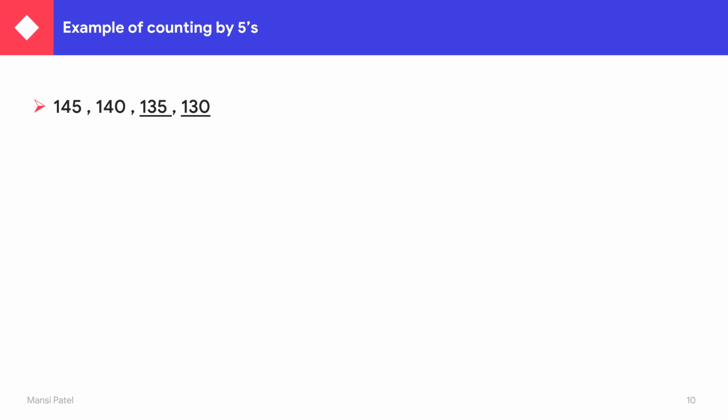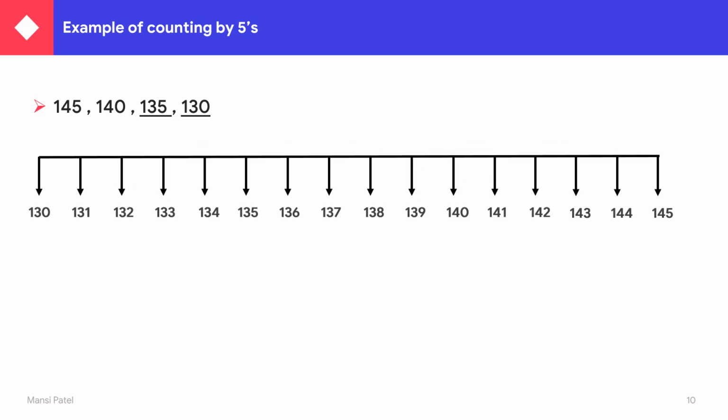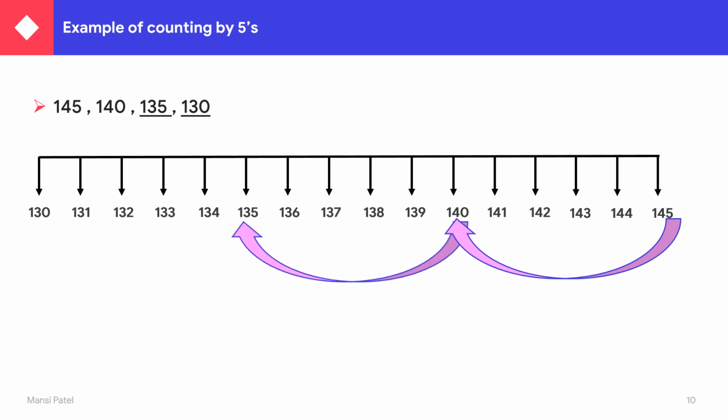So your third number is 135, and then 135 minus 5 is equal to 130. Let us see with the help of a number line; we have to skip backward. So we move backward from 145 to 140, then 140 to 135 and then 135 to 130.